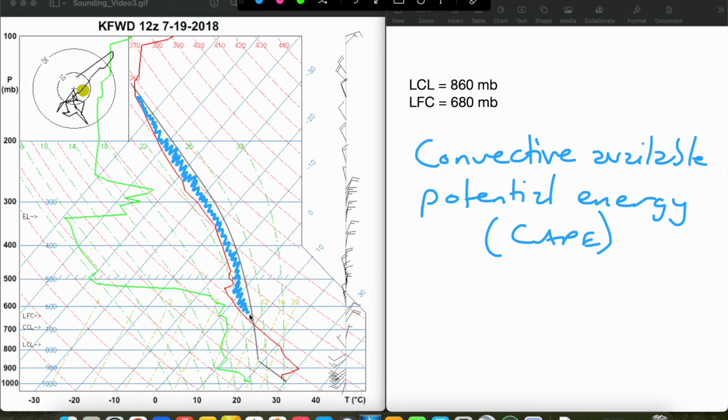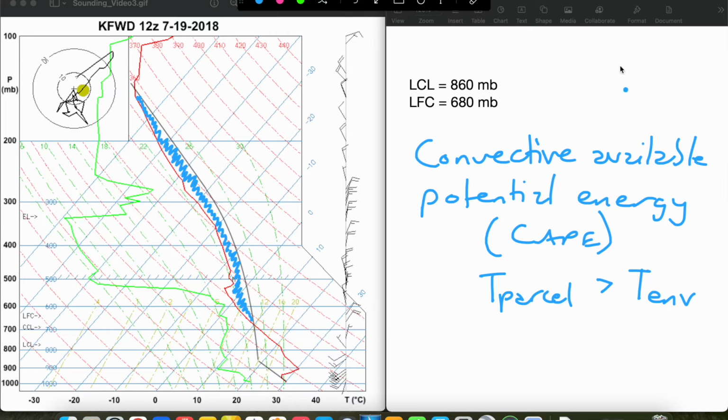And you can see here that the parcel trace is to the right of the environmental temperature, meaning that through all of this layer of the atmosphere, the parcel is warmer than the environment. So T parcel, I'll abbreviate that as the temperature of the parcel, is greater than the temperature of the environment.